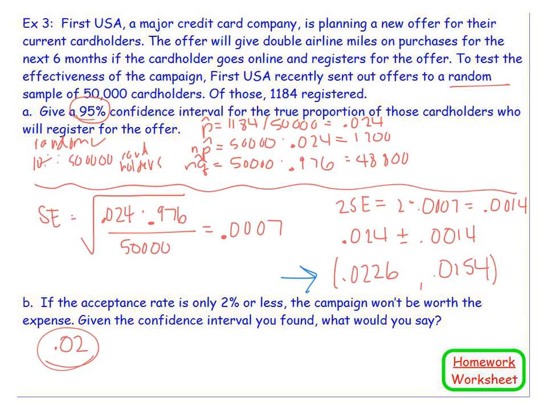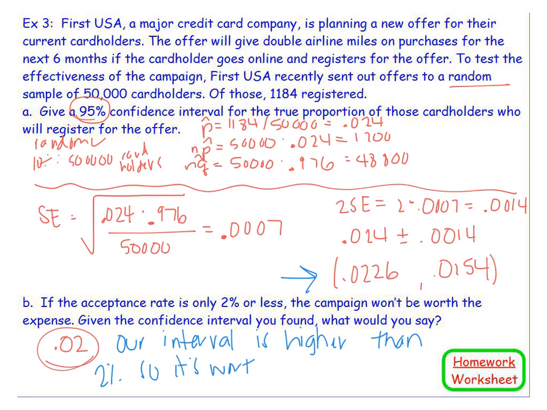Well, 2% is below our interval, and because of that, that's a good thing. Our interval is higher, which means it's worth the money. So our interval is higher than 2%, so it's worth the money.